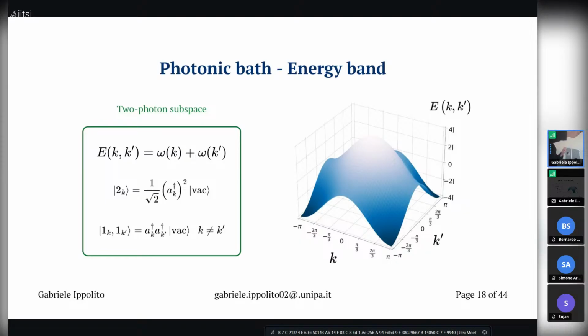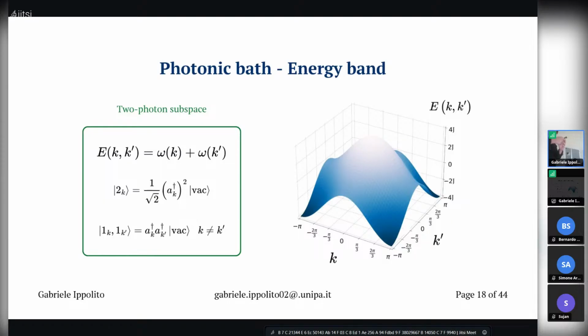Very quickly, we observe that this structure is isotropic near its maximum, or near the minimum of this structure, but it becomes increasingly anisotropic if we move from the maximum towards the center of the two-photon band, where we can observe 4 saddle points.